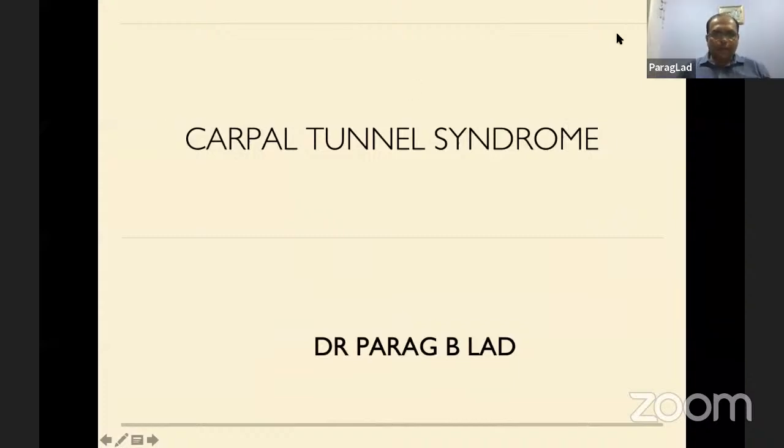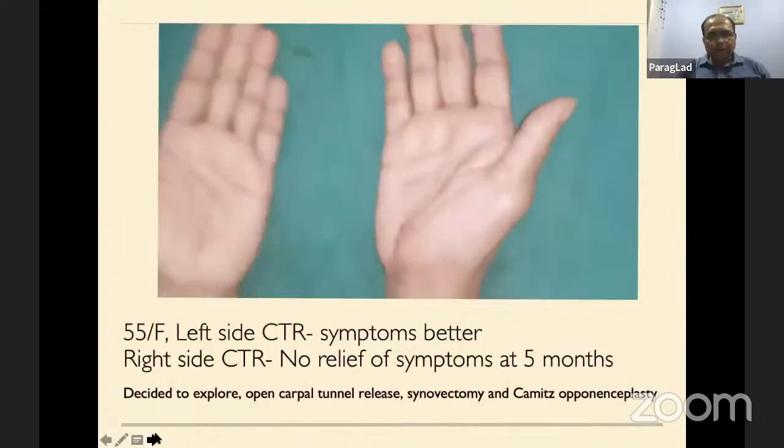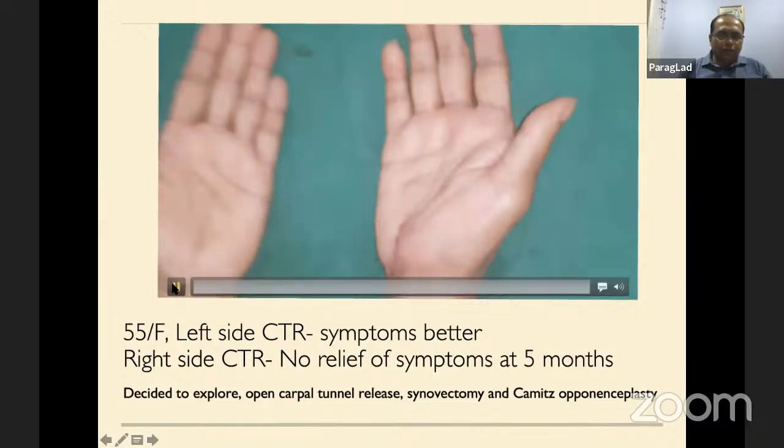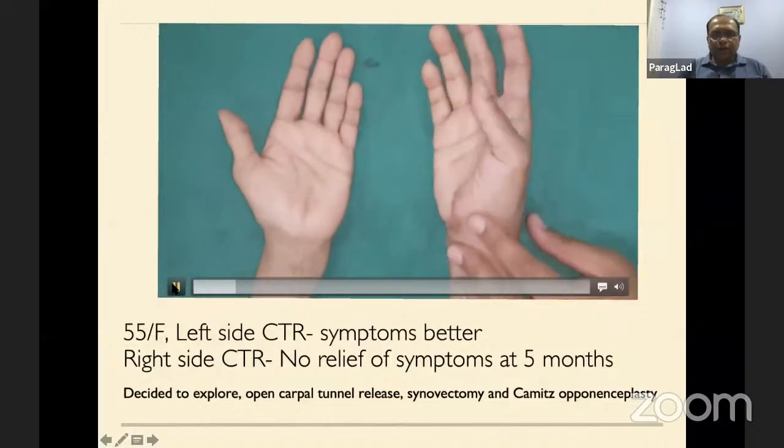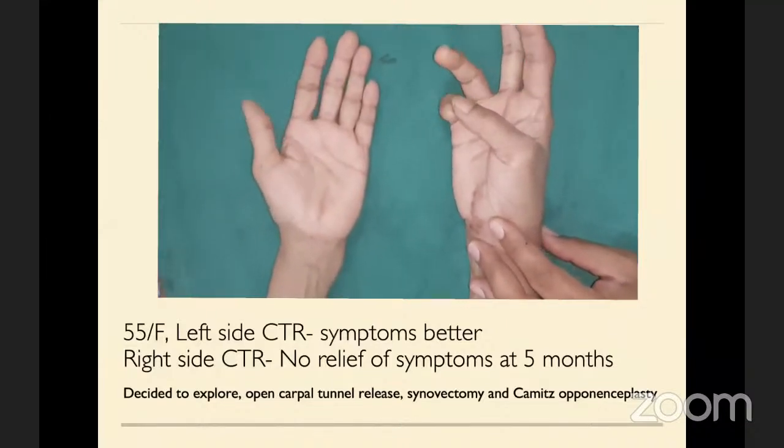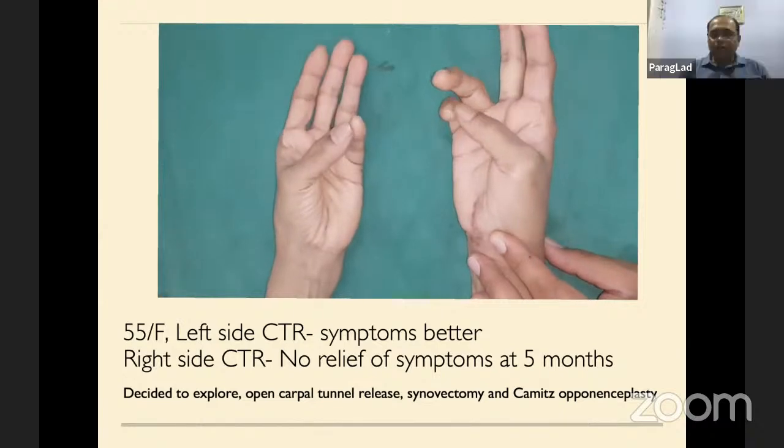Yes, sir. So I would like to present a case of a 55-year-old female whose left side carpal tunnel release was done and she was symptomatically better. Then right side carpal tunnel release was performed, but up to 5 months there was no improvement in symptoms. This is the pre-op function: opposition was not happening at the CMC joint level.